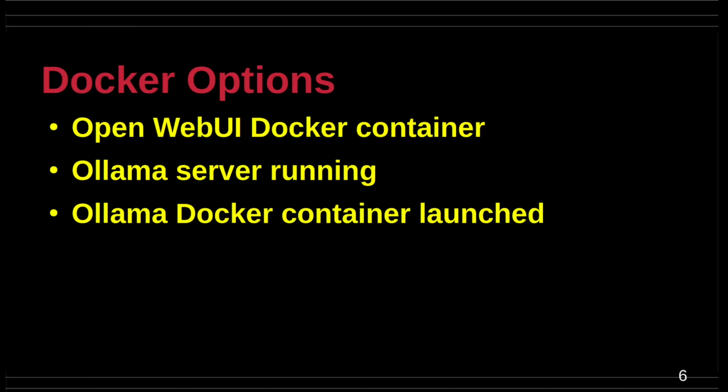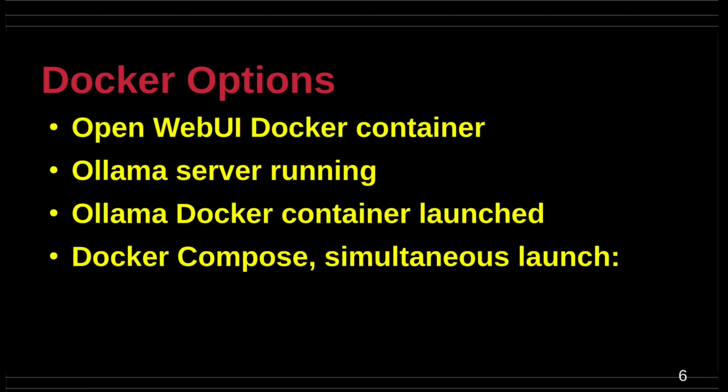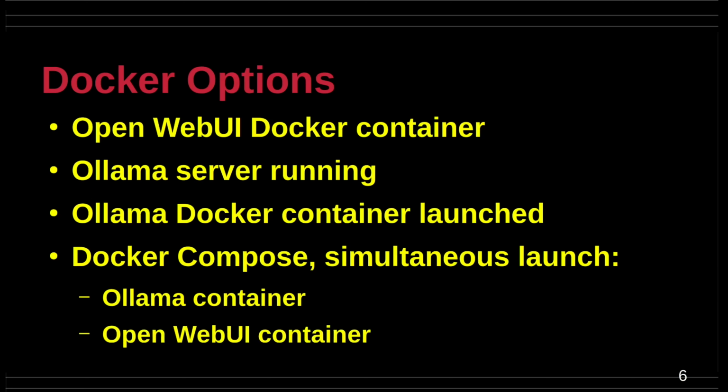The third mode is to launch both containers simultaneously with the Docker Compose command, one container for Ollama and the other for Open WebUI. Since we already have Ollama up and running as a background service, owing to the previous tutorial work, we will select the first mode and simply launch the Docker container for Open WebUI.